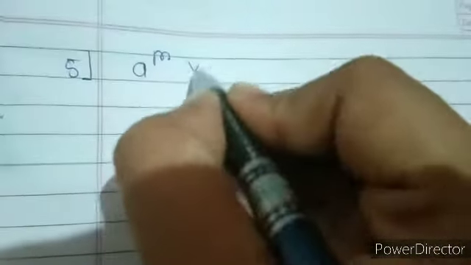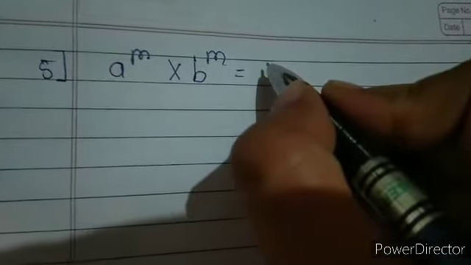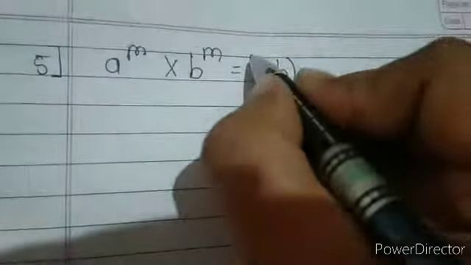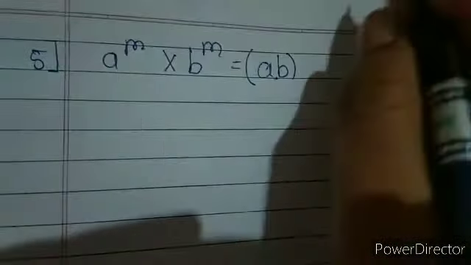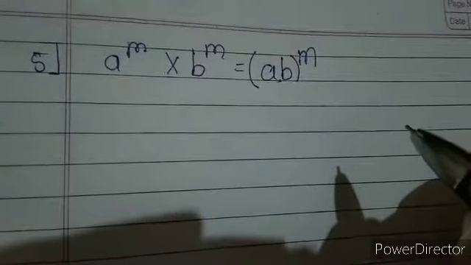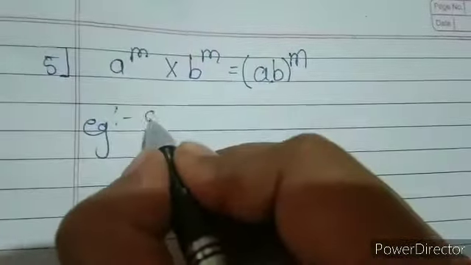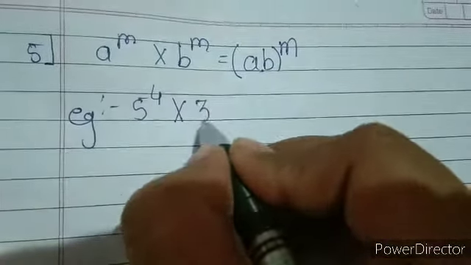The next law is a raised to m into b raised to m. This means different bases and the same index. So write the bases in one bracket, no need to put any sign, which means multiplication, and the index commonly one time. The example is 5 raised to 4 into 3 raised to 4.